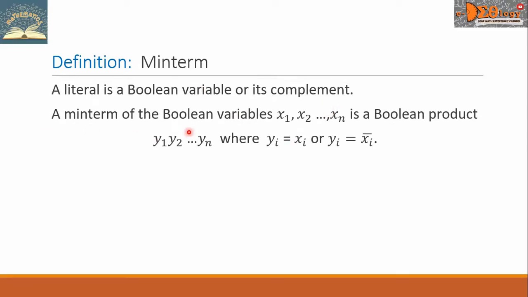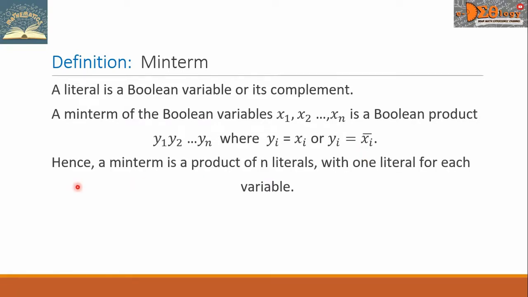A minterm of the Boolean variables x sub 1, x sub 2, up to x sub n is a Boolean product y sub 1 times y sub 2 times up to y sub n, where y sub i equals x sub i, or y sub i equals the complement of x sub i. Hence, a minterm is a product of n literals, with one literal for each variable.